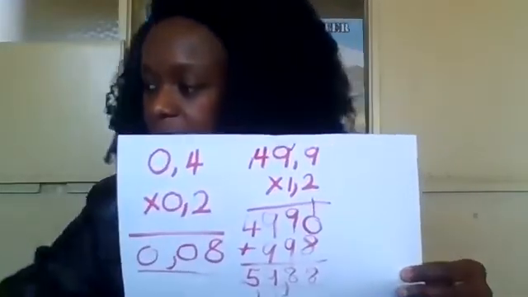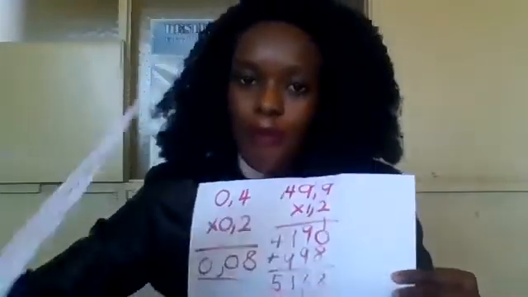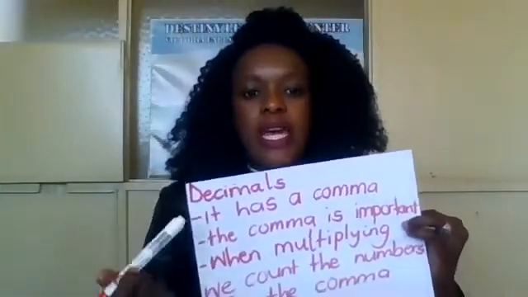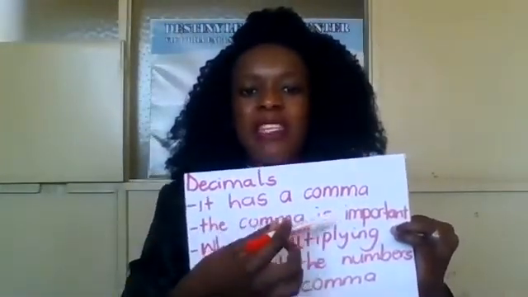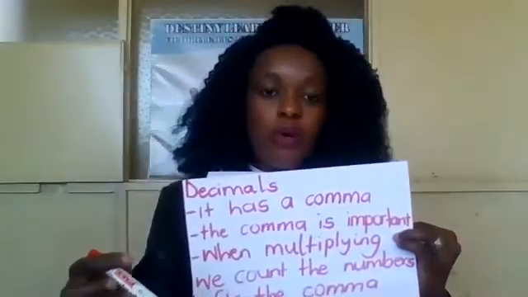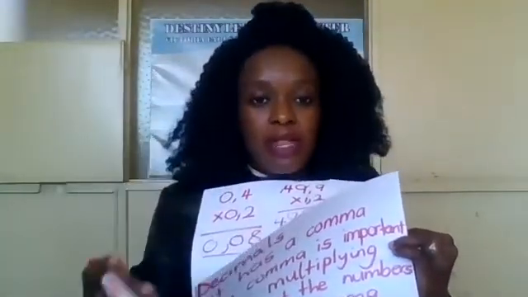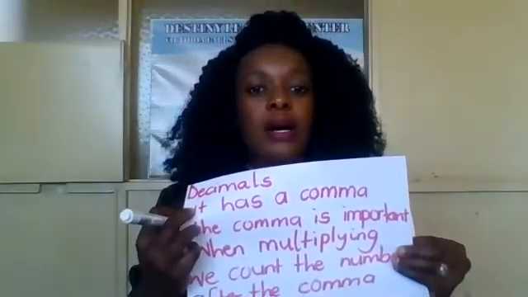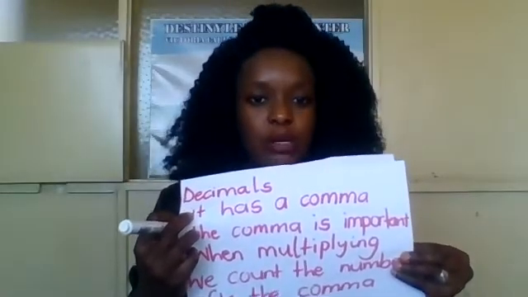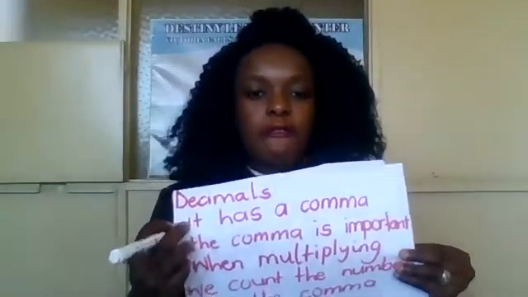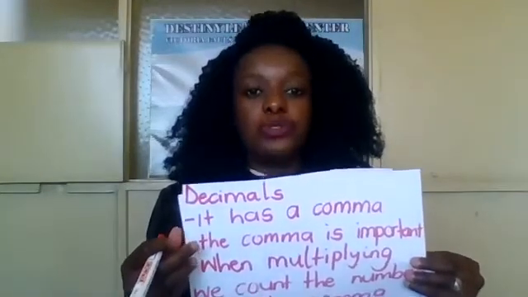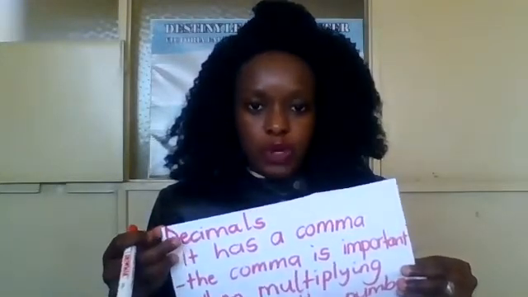We said at the beginning that the comma is very important. If you forget the comma, it means that your answer is totally wrong. In mathematics, we deal with being accurate. We talk about accuracy. If you're supposed to put a comma and you don't, your answer becomes wrong.